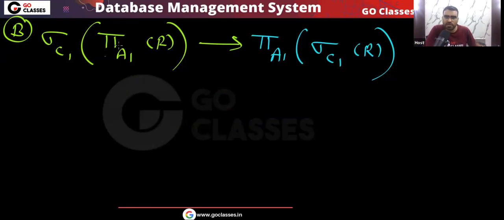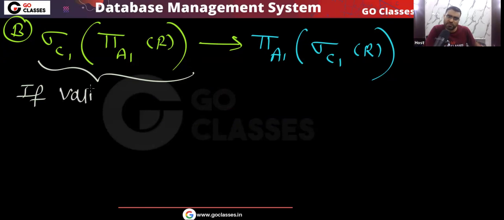So you tell me, if this is already valid, then what does it mean? Just think about it. If LHS is already valid, then it simply means C1 is using attributes of A1. Do you agree with me?